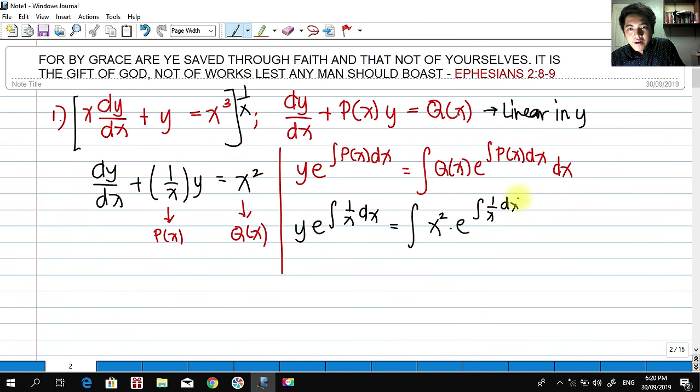And then lastly, we have dx here. So if we're going to evaluate this, y e raised to the integral of dx over x is equal to the integral of x squared e raised to, still the same, dx over x dx here.